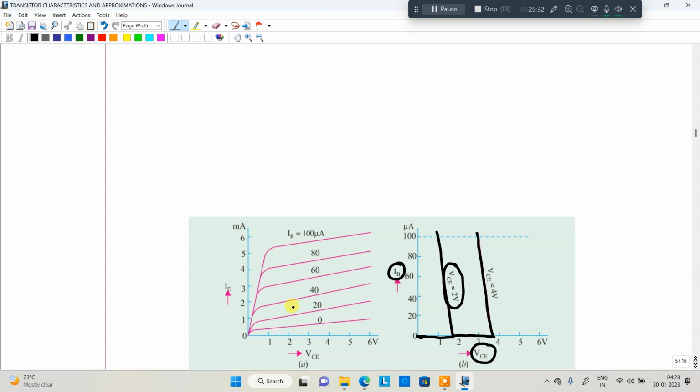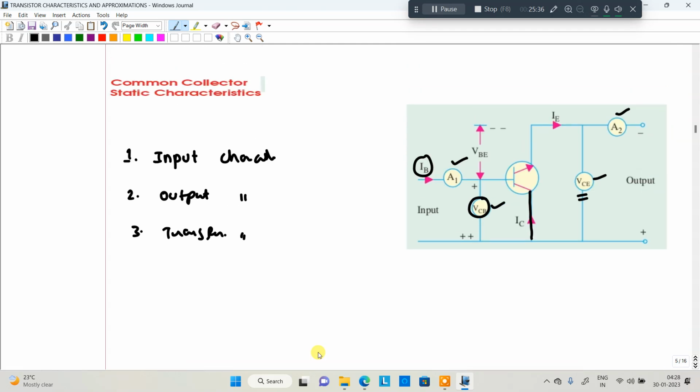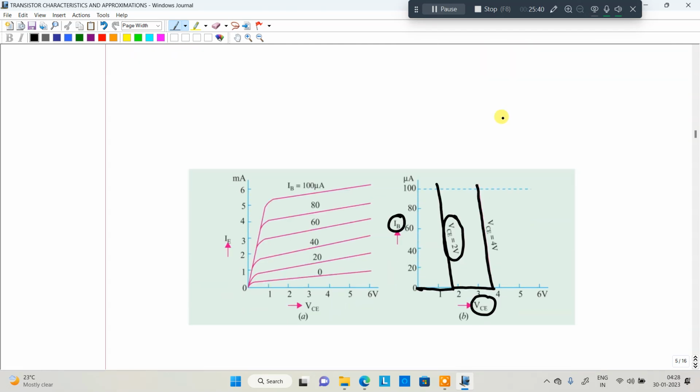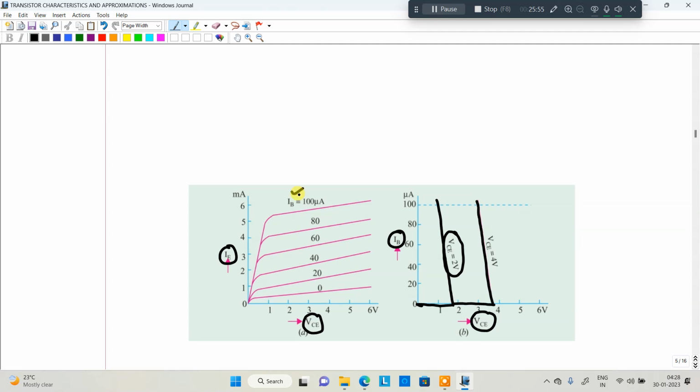As well as, output characteristics is drawn between output voltage and output current. The output voltage is VCE, output current is IE. Initially what parameter should be constant? The input current IB should be constant. Now VC is equal to 0, IE is equal to 0.